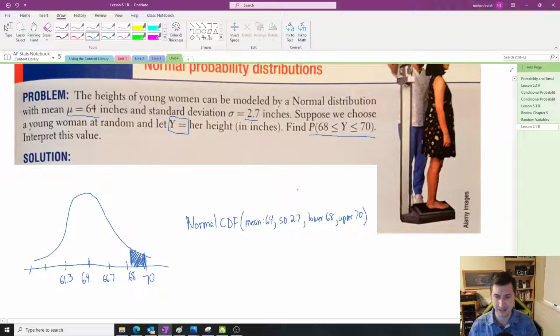I think that's the order for the TI-84s, but if you have a different calculator, it might be a different order. Just be careful when you type it in and make sure you get everything in the right place. That will give you the probability of that happening for a random woman. Hopefully that looks familiar, like riding an old bike. All right, ladies and gentlemen, good luck with that.